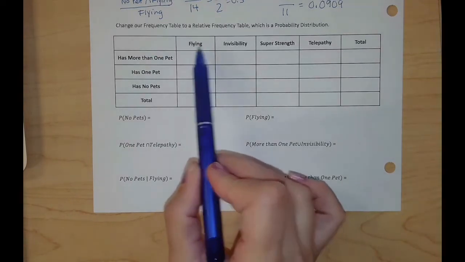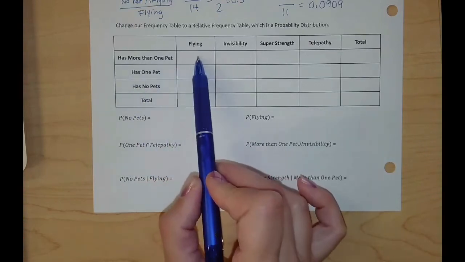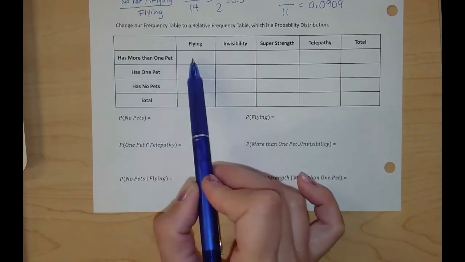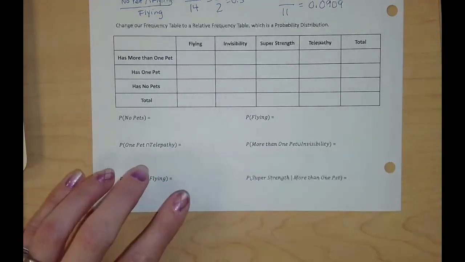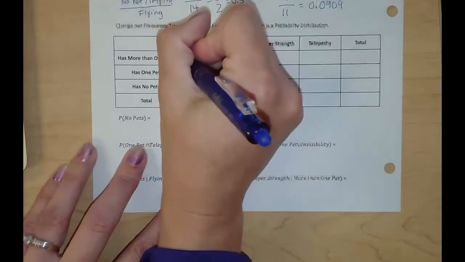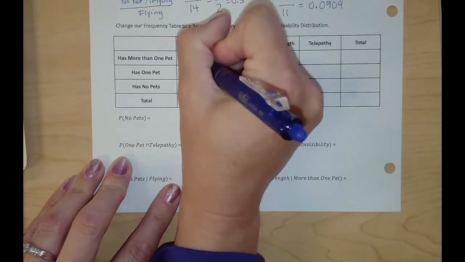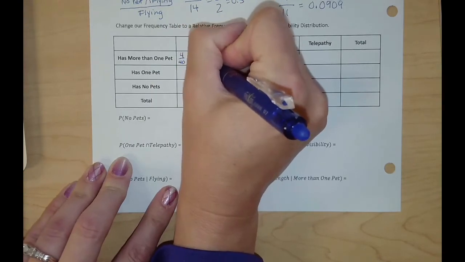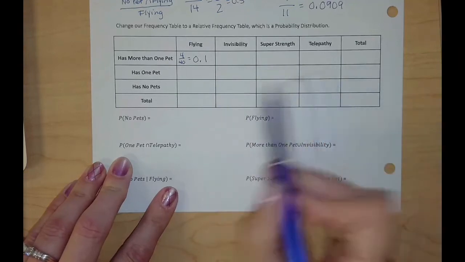So this is an intersection of flying and has more than one pet, but we're going to put the probability here. So that would be 4 divided by 40, which is 1/10. So the probability is 0.1 or 1/10. We're going to use decimals in this whole table.